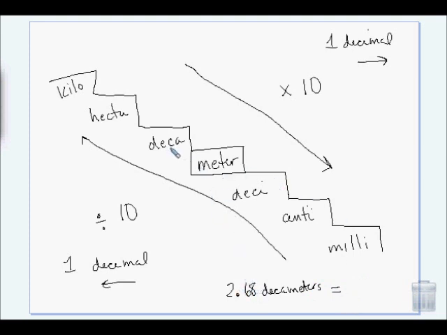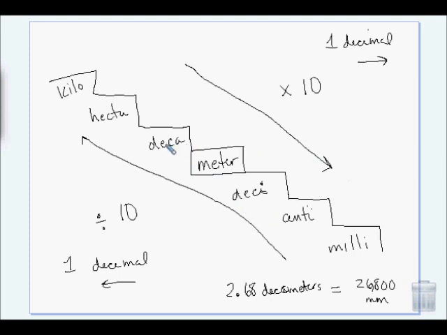I start here with 2.68, then 26.8, 268, 2,680, 26,800 millimeters. Deci and deca are the two that are kind of confusing, because they're very similar.